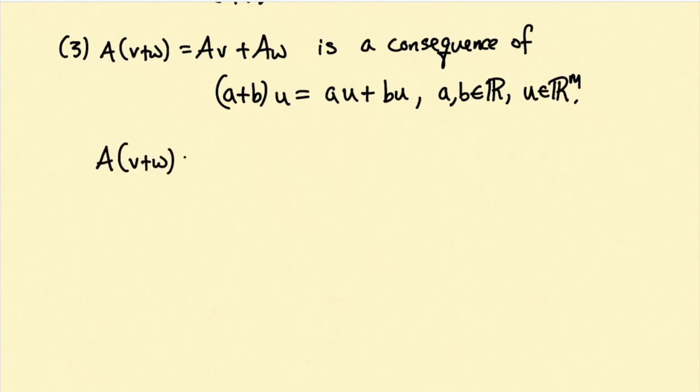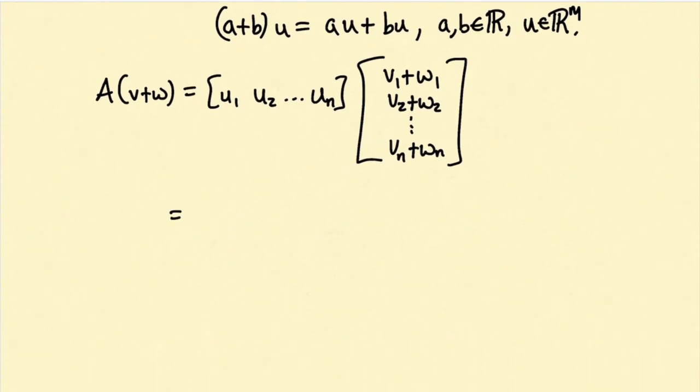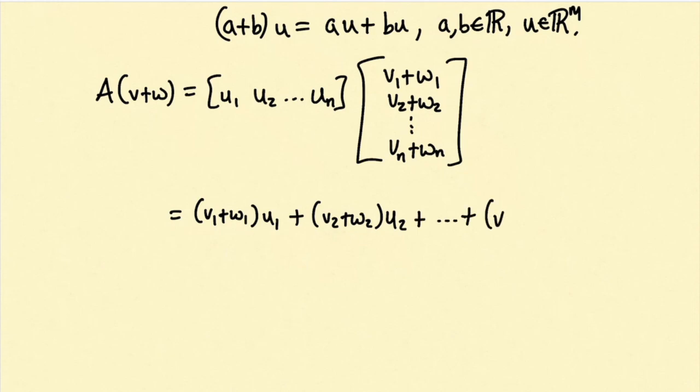A, with columns u1, u2 down to un, multiplied by the vector whose entries are v1 plus w1, v2 plus w2 down to vn plus wn. We can write this as a linear combination, v1 plus w1 times u1 plus v2 plus w2 times u2 plus ... plus vn plus wn times un.